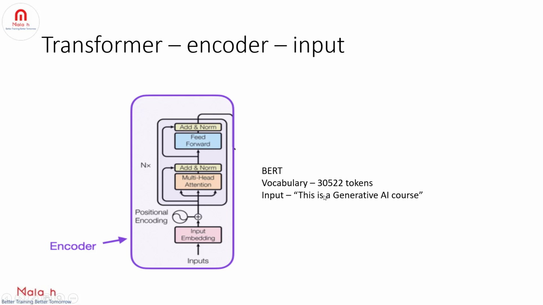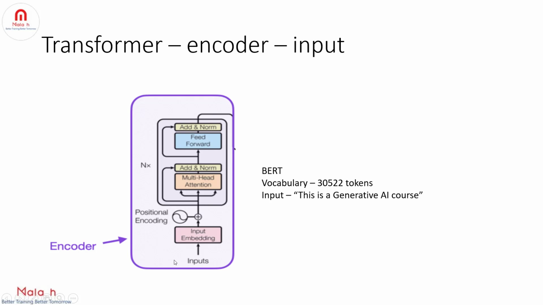But these 30,522 unique tokens are the most common English words. We may have happiness in the list, but the model is intelligent enough to understand that the opposite word of happiness is unhappiness, even if unhappiness is not present in these 30,522 tokens, right?